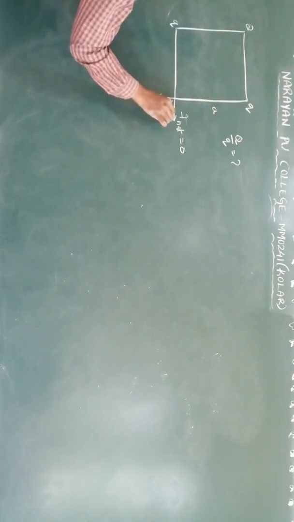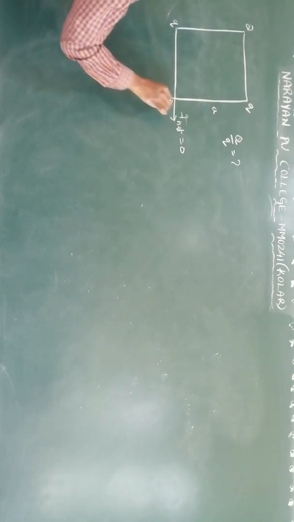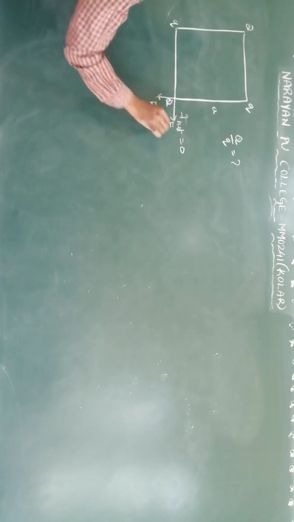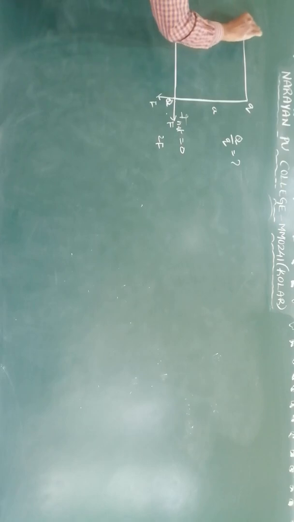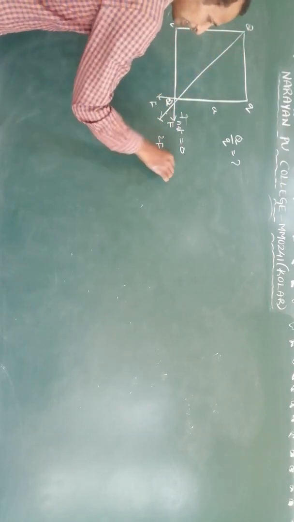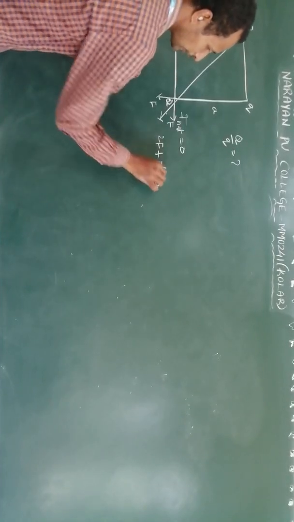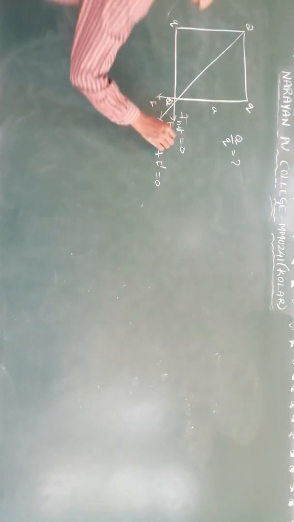So these two forces are equal charges, equal distances. Then the net force will be, if you take it, this is F, these two forces, the resultant force is 2F. And it experiences another force, plus this force you take it as F dash. Total force is 0. Here I am making vectors.